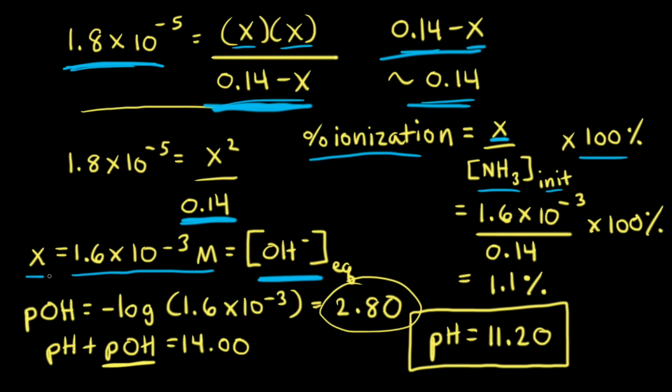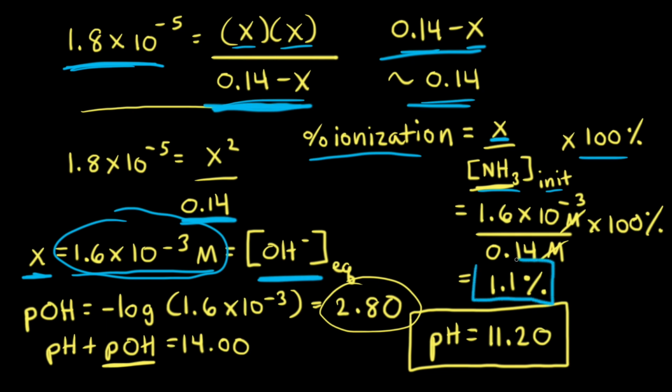So for this problem, X is equal to 1.6 times 10 to the negative third molar. So we go ahead and plug that in here. And the initial concentration of ammonia was equal to 0.14 molar. So molar cancels out, and we end up with a percent ionization of 1.1%.